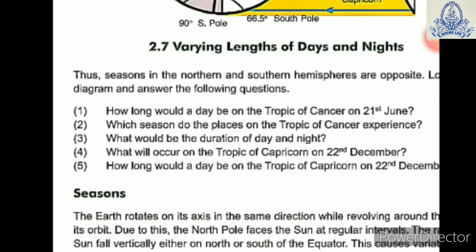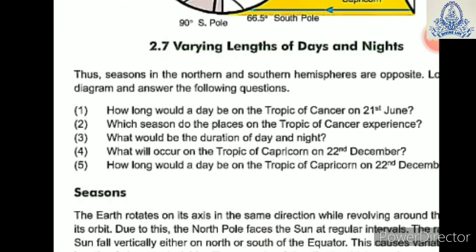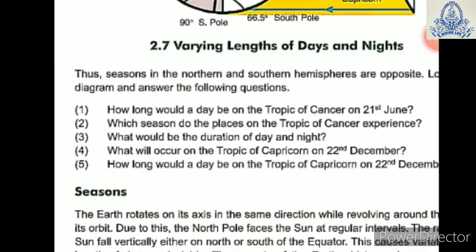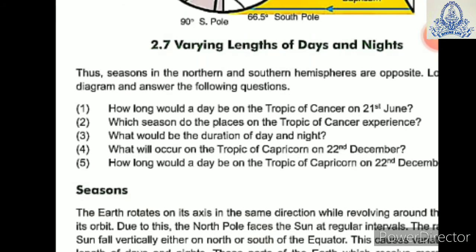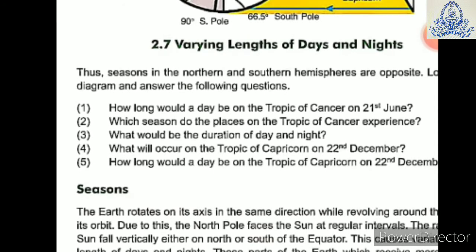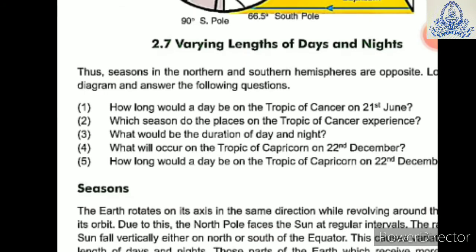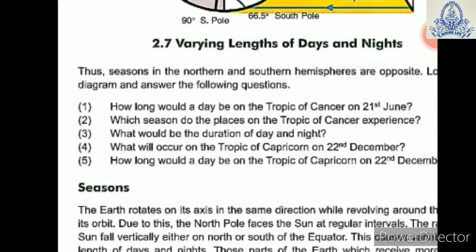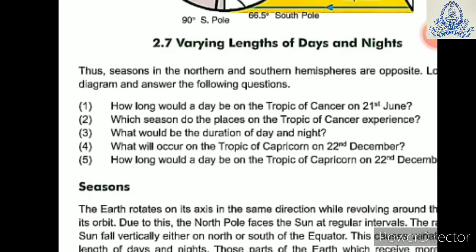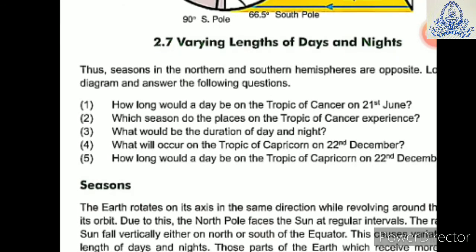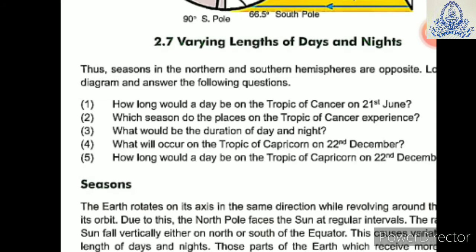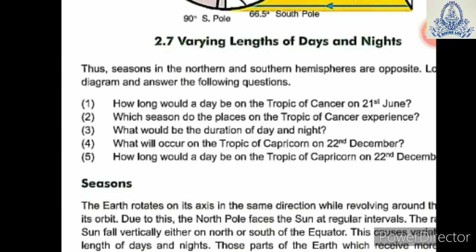Because there are no fixed hours we can say, because the day depends upon which hemisphere we belong to. For example, we already have the idea that the northern hemisphere is getting more rays compared to the southern hemisphere.